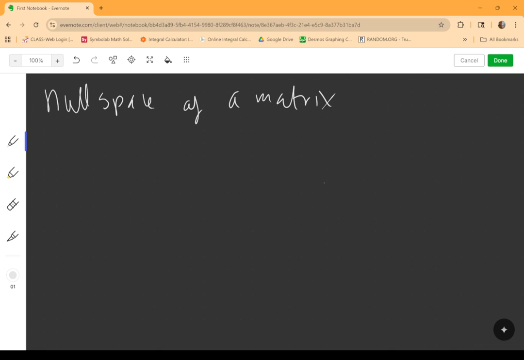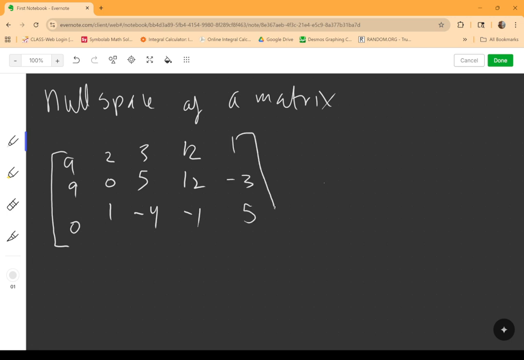And now we can bring this notion of linear independence to a null space of a matrix. So first, let's say we had this matrix: 9, 9, 0, 2, 0, 1, 3, 5, negative 4, 12, 12, negative 1, and 1, negative 3, 5.